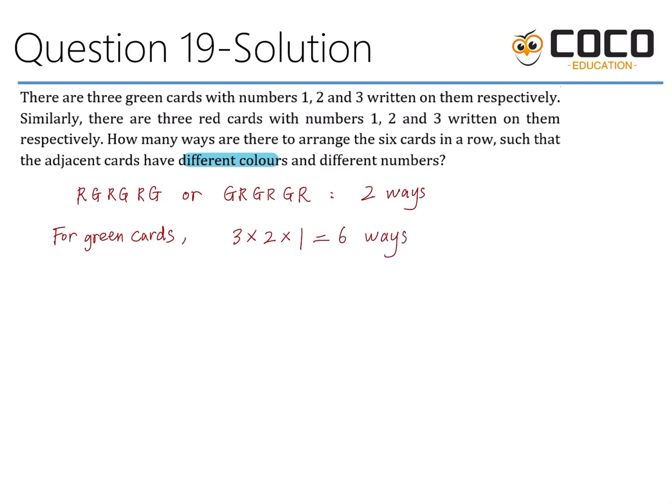If you consider the green cards only, this is 6 ways. Then after that, we consider the red cards. Now, for any arrangement of the green cards, we'll say the arrangement of the red cards is unique.